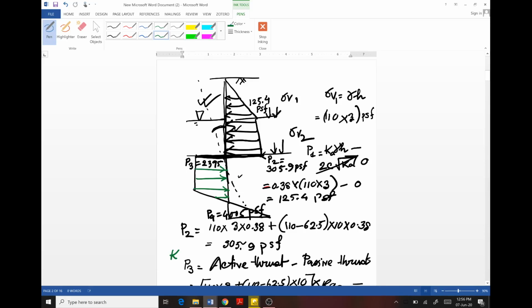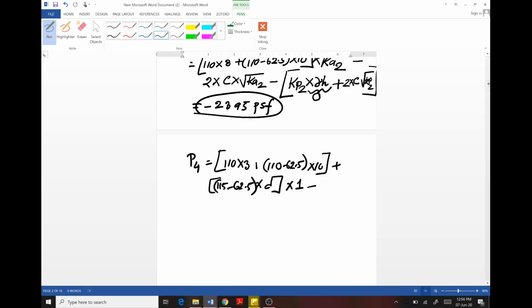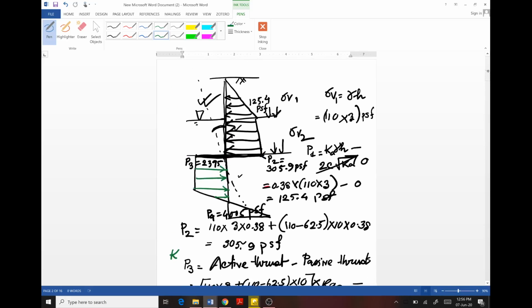Okay, now there is a very clear distinction between the previous problem and this problem, which is that in this earth pressure diagram for cohesive soil, this part is constant. Constant means the slope is vertical, there is no increasing or decreasing pattern in slope.